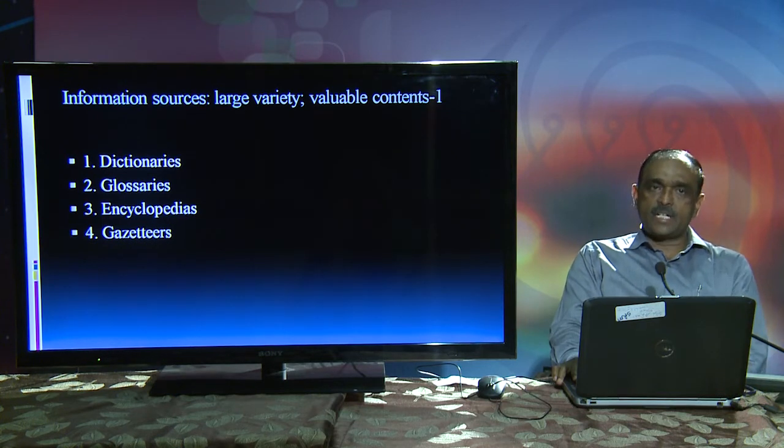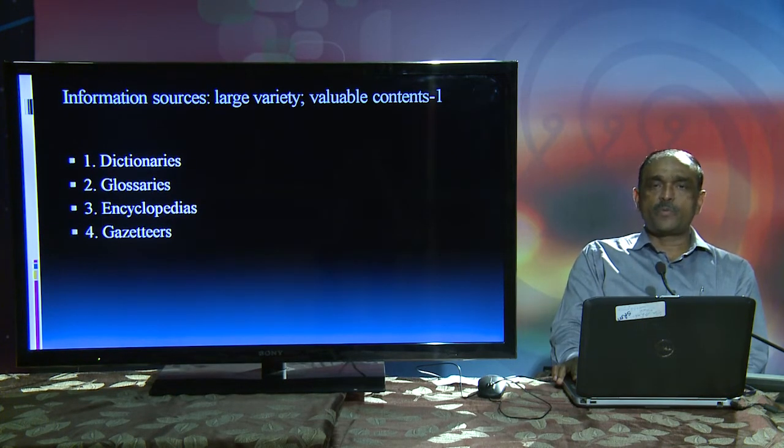Gazetteers are another type of information sources which provide detailed information about the smallest places on the earth. When you are interested to find out maybe the culture, the fairs and festivals, the traditions, the occupations, the educational system, the cultural composition of a particular village or an area, you can depend on gazetteers.